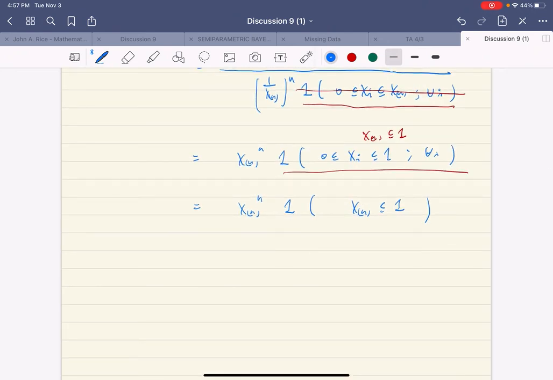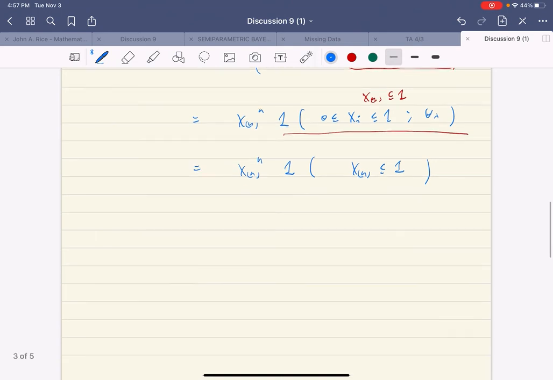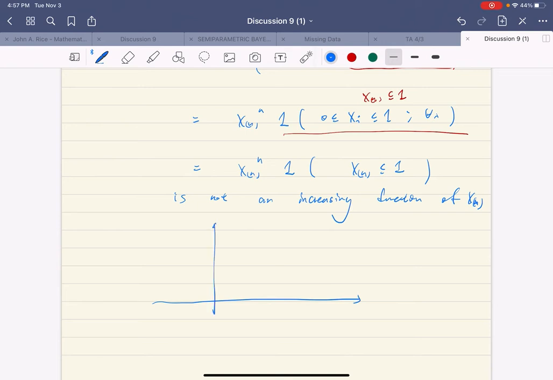Okay, and the thing we have to be careful about is that this function is not an increasing function of Sn. So we can draw a graph like this. This is Sn, here is 1.